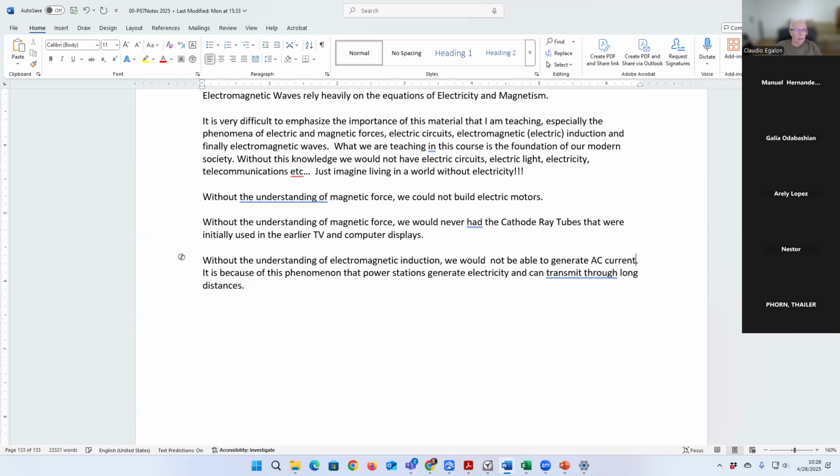It's because of this phenomenon that power stations are capable of generating electricity, and transmission cables can transmit this electricity through long distances.